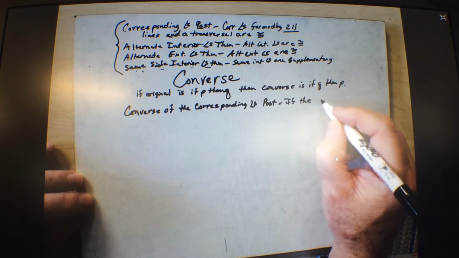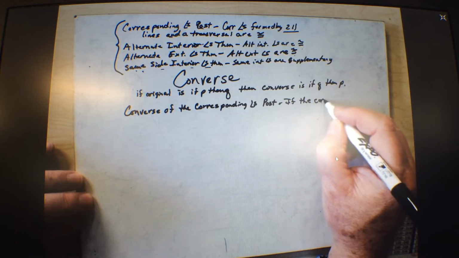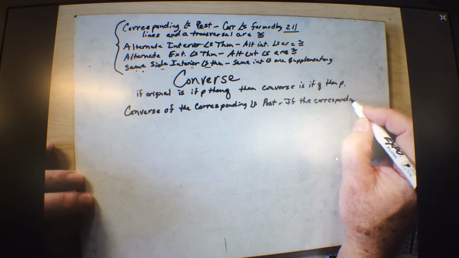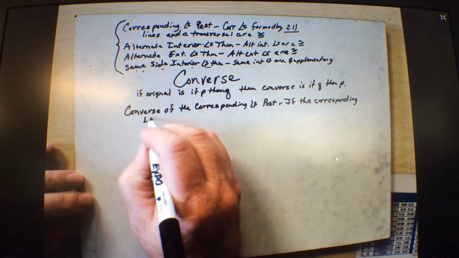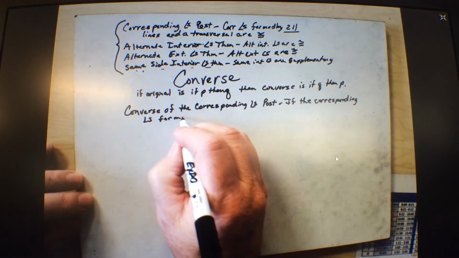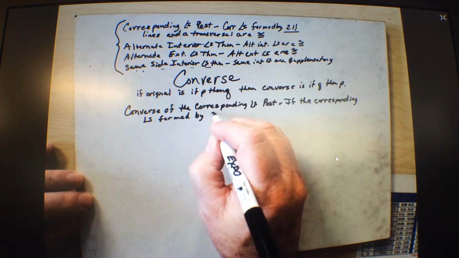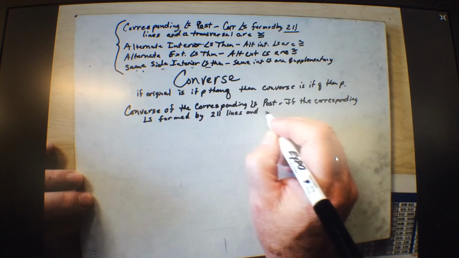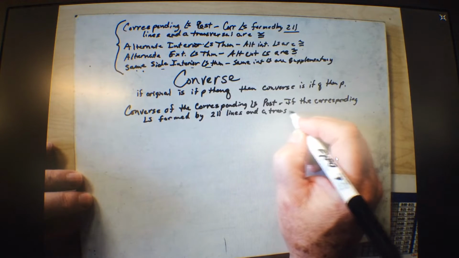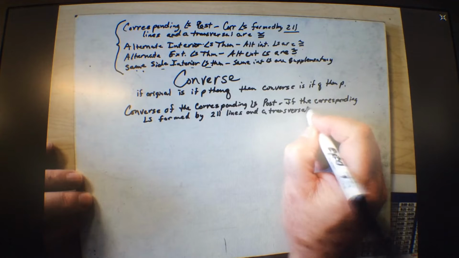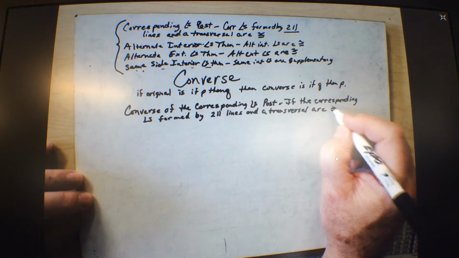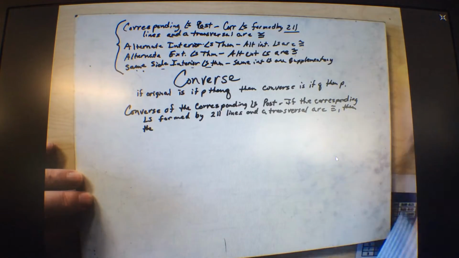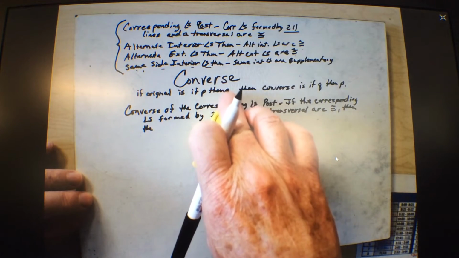So we're going to start out by saying if the corresponding angles formed by two parallel lines and a transversal are congruent, then, oops, I'm sorry guys, I screwed up.